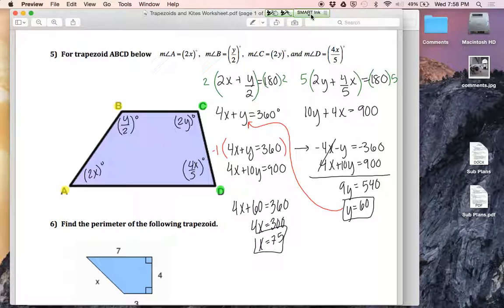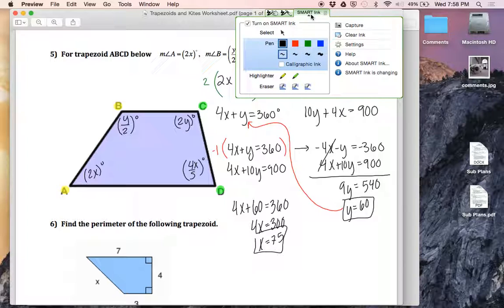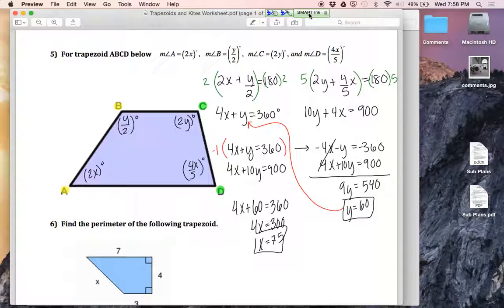Now the problem also asks you to actually solve for the angles. So for A, I'm just going to multiply 2 by x, which is 75, and I get 150 degrees. For B, I'm going to take my y value, which is 60, and divide it by 2, so I get 30 degrees. For C, I'm going to take my y and multiply it by 2.